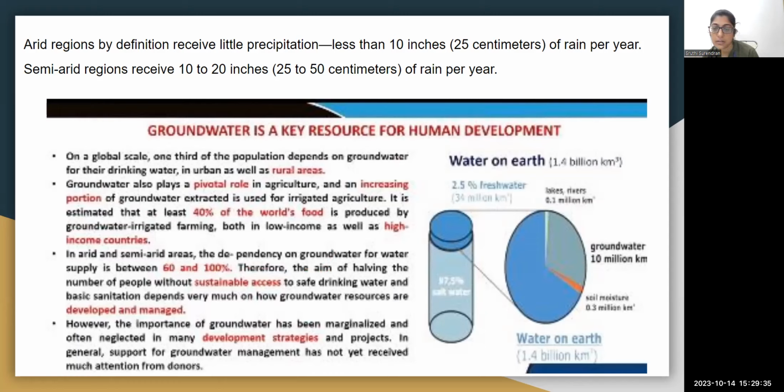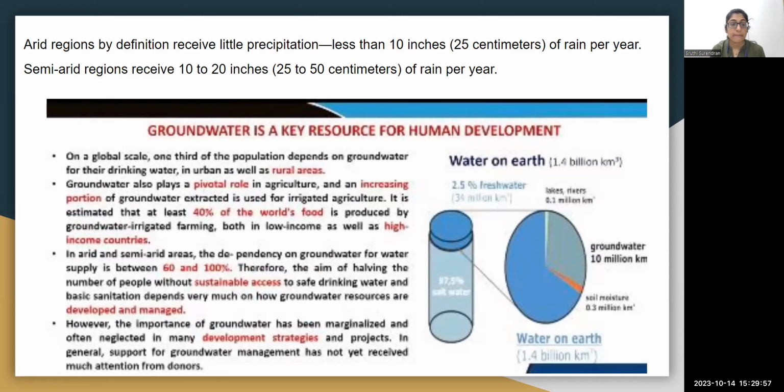Now this is talking about groundwater as a resource for human development. Groundwater is not only used as a resource for domestic requirement, but it also plays a huge role as a source of water supply for irrigation in the agricultural sector.